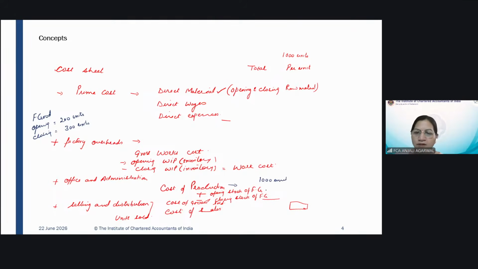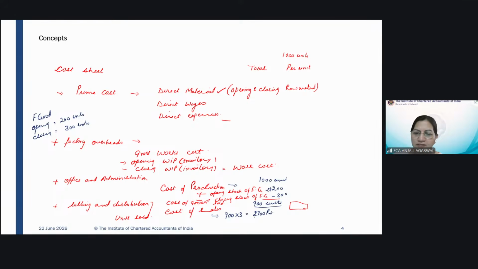When you added the 200 units of finished goods and subtracted 300, now you have the cost of production of 900 units. 1000 plus 200, 1200, 1200 minus 300, 900 units are actually sold. So the cost of production of 900 units you have now. So when selling and distribution expenses are incurred, let's say if it is 3 rupee per unit, then that will be 900 into 3, 2700.